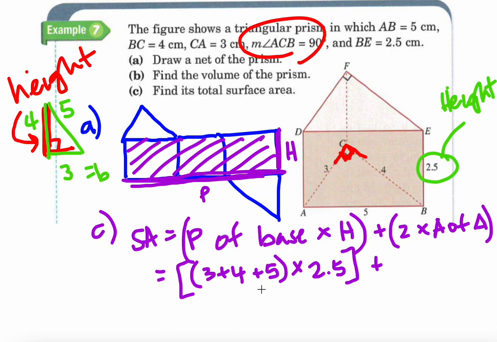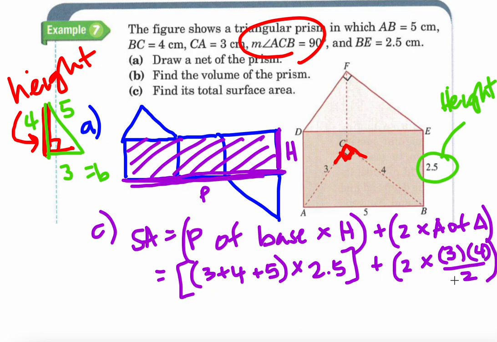After I add up the perimeter for my triangle, my base, I'm going to multiply that by my height of the entire prism. And then I have to add it to 2 times the area of my triangle. Area of my triangle is base times height divided by 2. So my base is 3 and my height was 4.